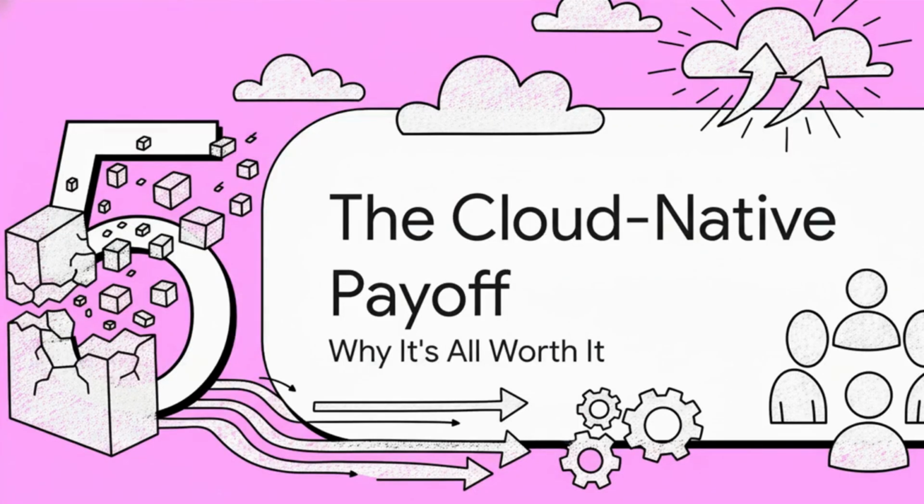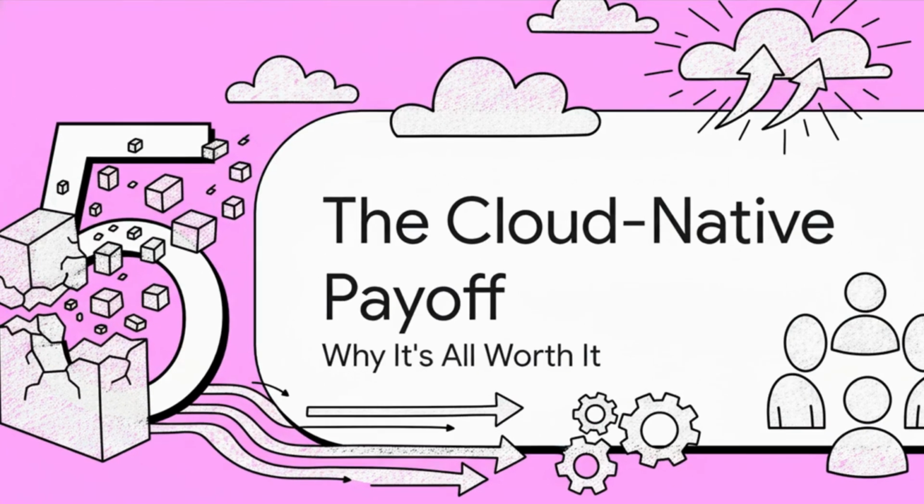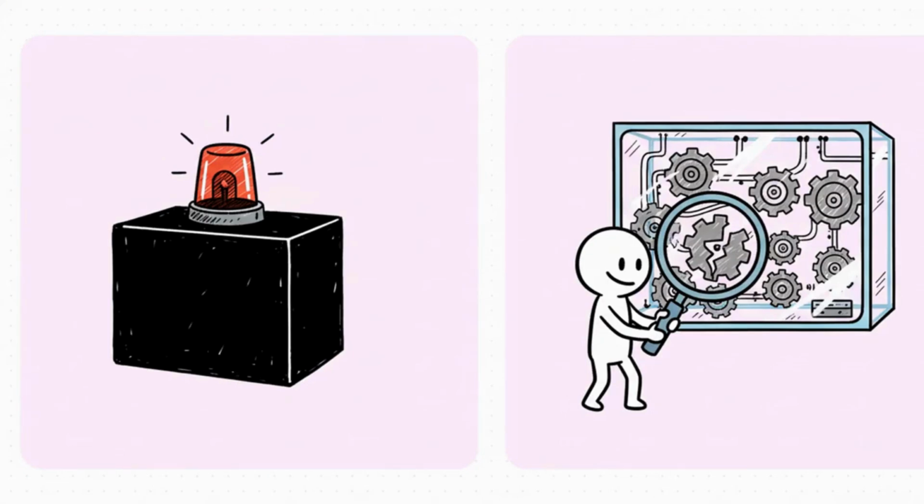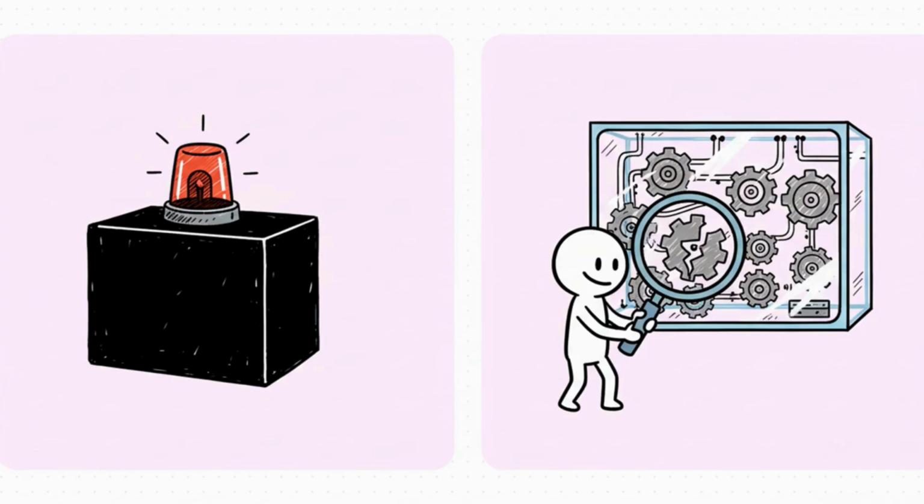So, we've broken down the monolith, we've packed our services in containers, we've automated our pipelines, and we've transformed our culture. What does all this effort actually get us? Let's talk about the cloud-native payoff. First off, we gain this incredible insight. See, traditional monitoring is like the check engine light in your car. It tells you that something is wrong, but it doesn't tell you what. Observability, that's different.